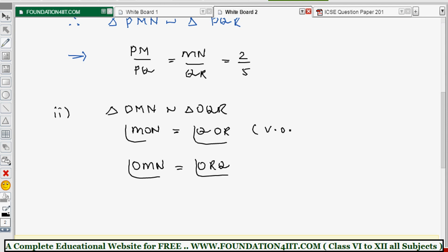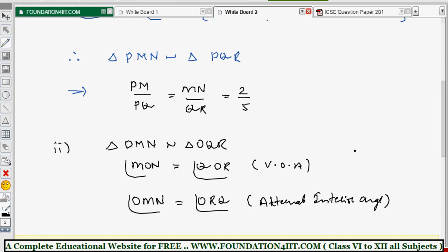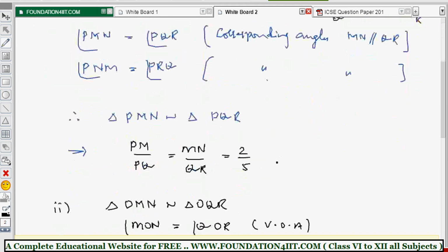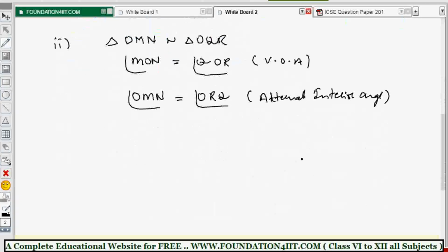So this is vertically opposite angles, and this is alternate interior angles, which are equal because MN is parallel to QR. So angle OMN and angle ORQ, these two angles are the same. Similarly, the other side also. Therefore, they are similar.